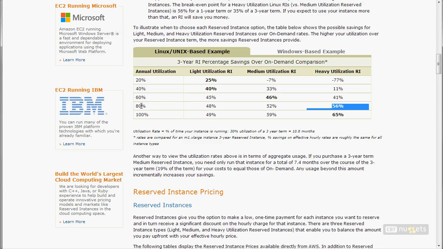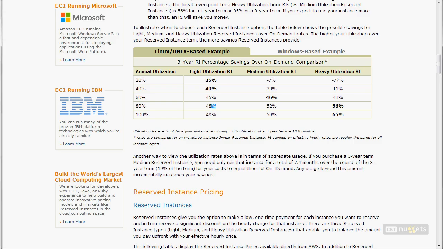But what Amazon is trying to show here is if you did power that off, you would still save money as long as you kept it on at least 80% of the time. Even though you're paying the hourly rate for running it 100% of the time, you're still saving money over the medium and the light, and of course over the on-demand because of the super cheap rate that they're giving you.